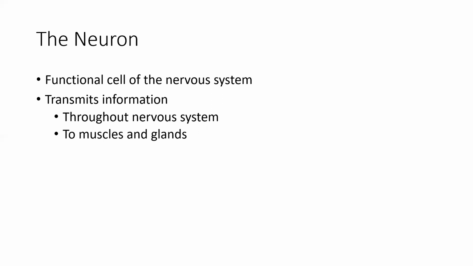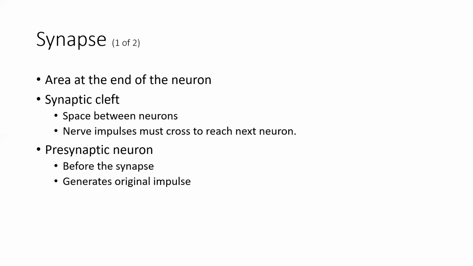It transmits information throughout the nervous system, to the whole body, to the muscles, to the glands, everywhere. A synapse is the area at the end of the neuron. So a neuron is a cell, and at the end of the cell, that area is called a synapse, kind of a junction. So junction or synaptic cleft.